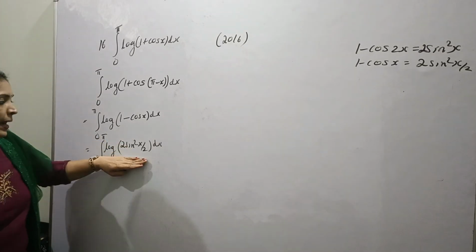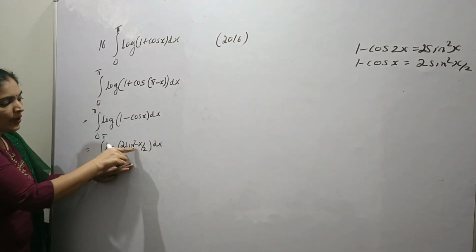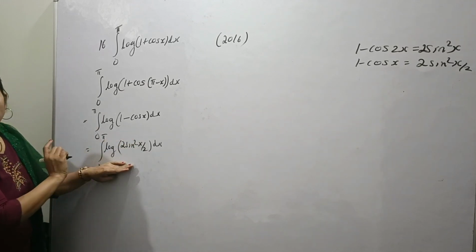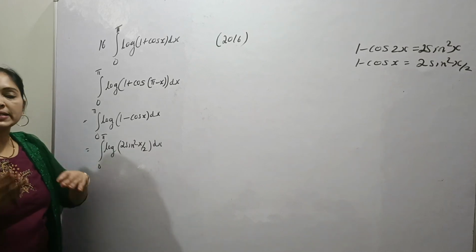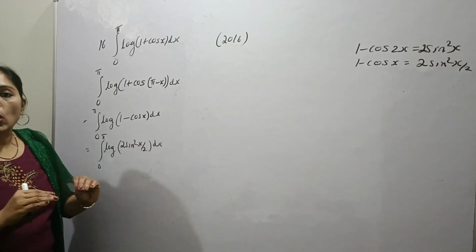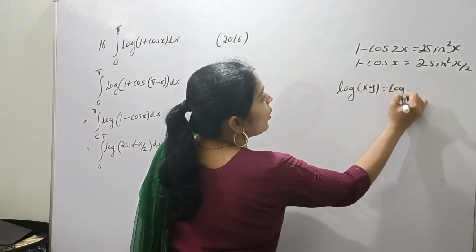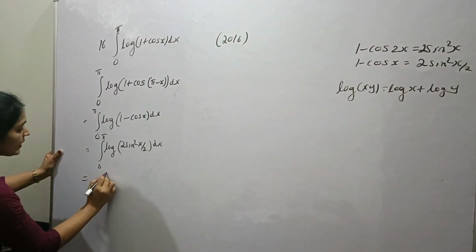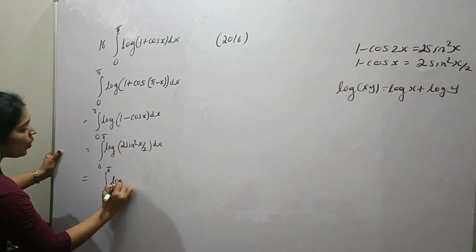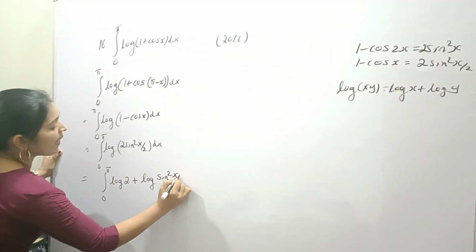Next we will apply logarithmic rules. Log of x into y, where x is 2 and y is sin square x by 2. The property is log of x into y is equal to log x plus log y. So this can be written as integral 0 to pi of log 2 plus log sin square x by 2 dx.